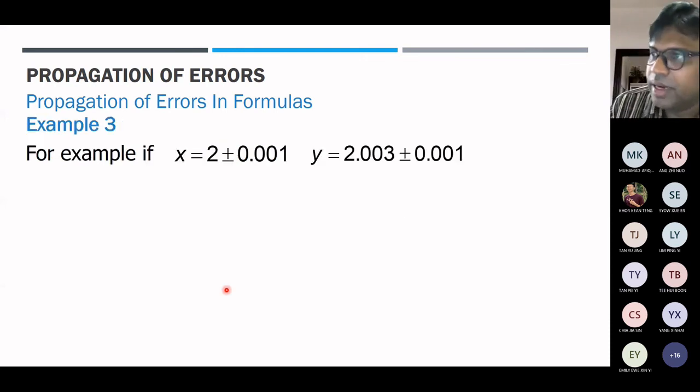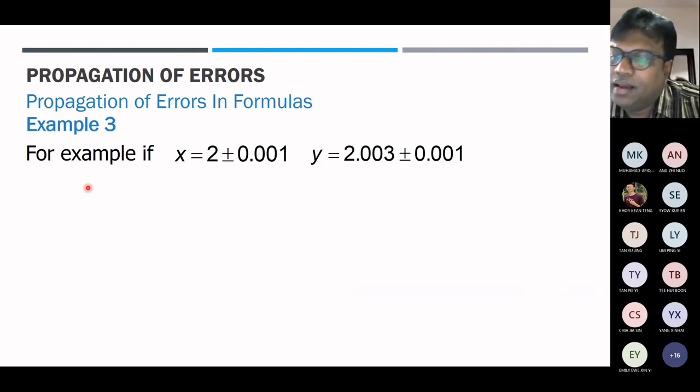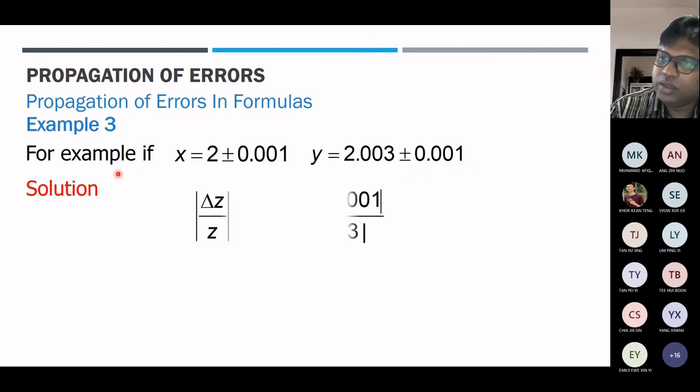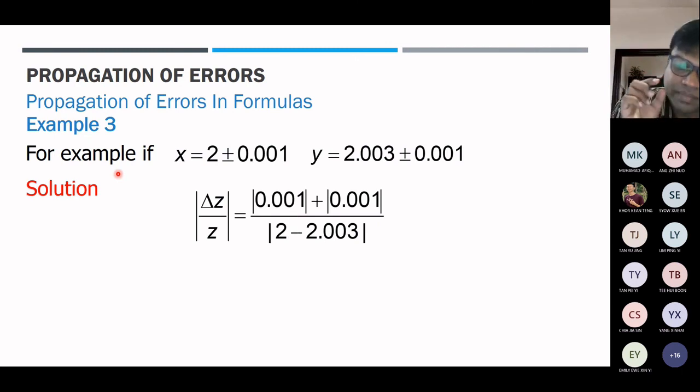Take a look at this example. Say x is given as 2 plus or minus 0.01, and y is given as 2.003 plus or minus 0.01. Say we carry out the relative propagation of error function.